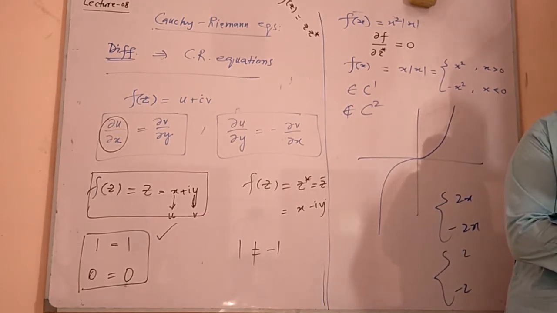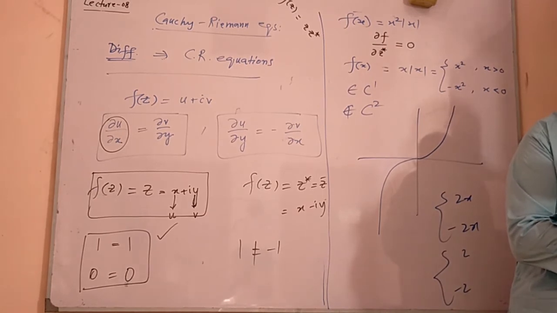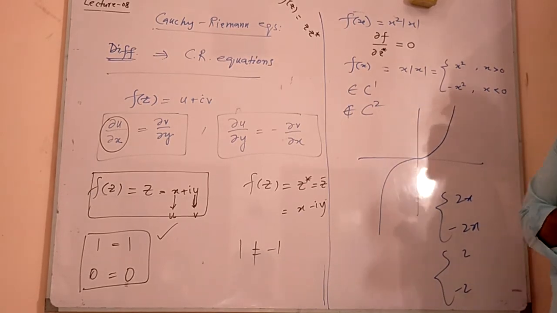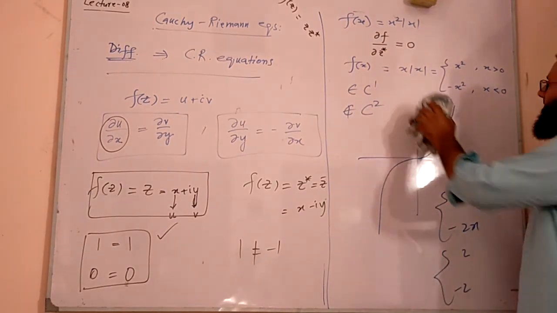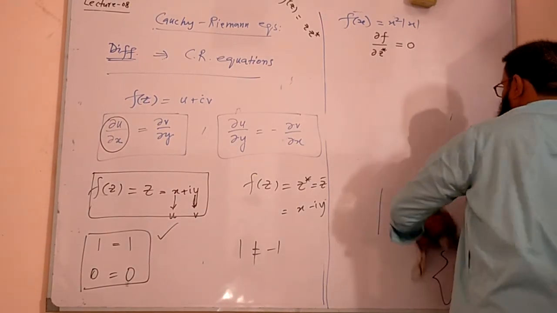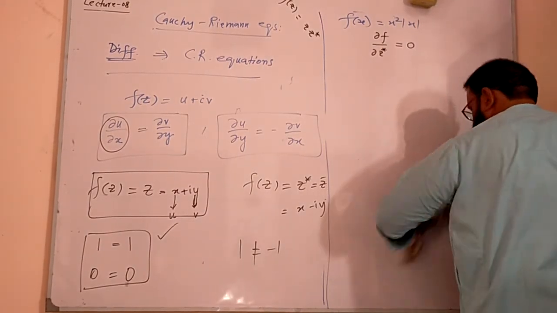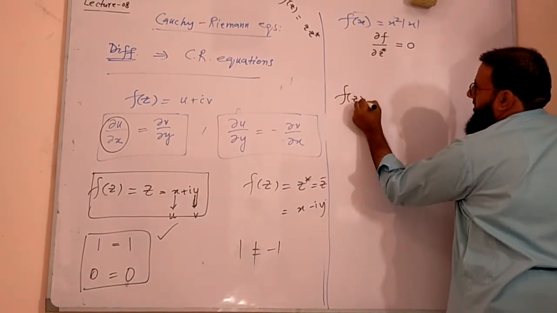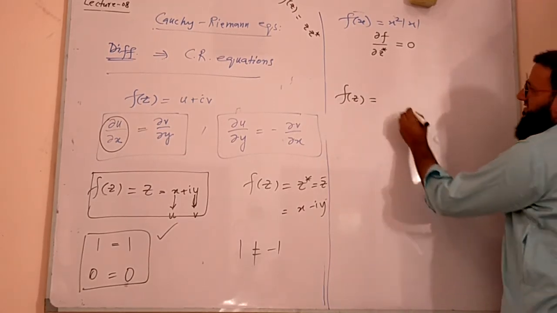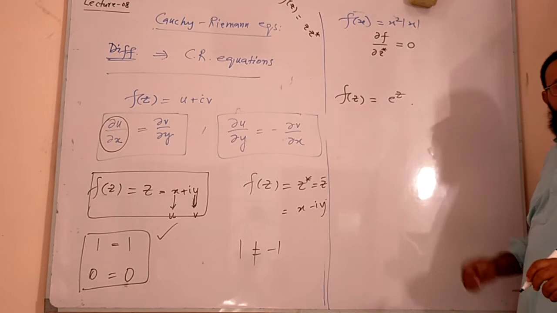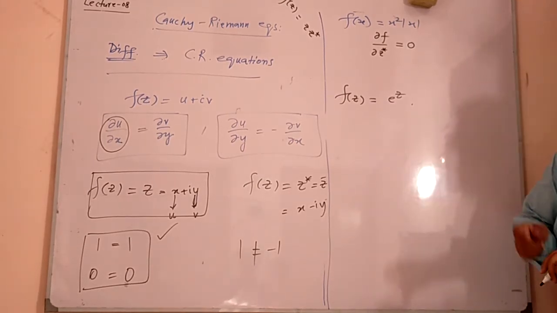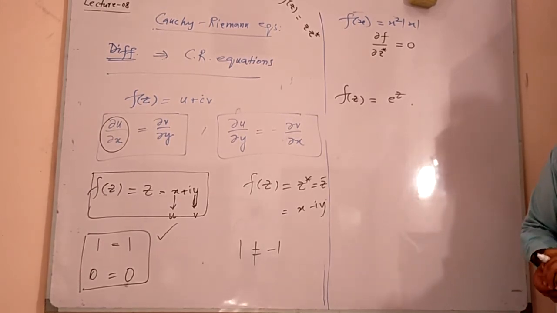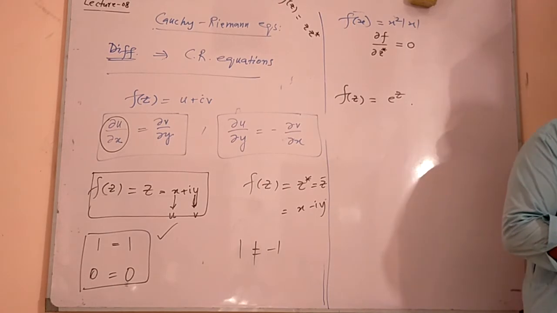This is very good, that we can easily see whether it involves z conjugate or not. Okay, what about this? It does not involve the conjugate, so it is differentiable. And so on.